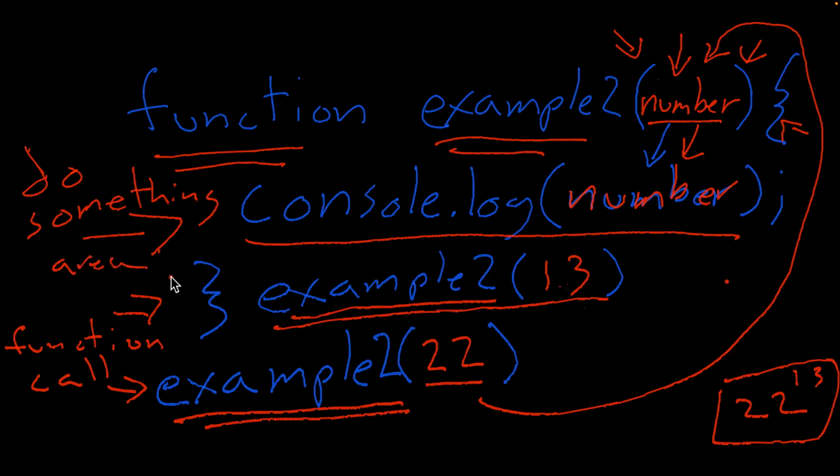Okay, let's get a poll just to make sure this is sticking in. Quick question. Instead of writing example 2 twice, are you able to just do 13, 22? Well, if I wanted to say 13, 22, then the function example 2 would be expecting 2 placeholder values.